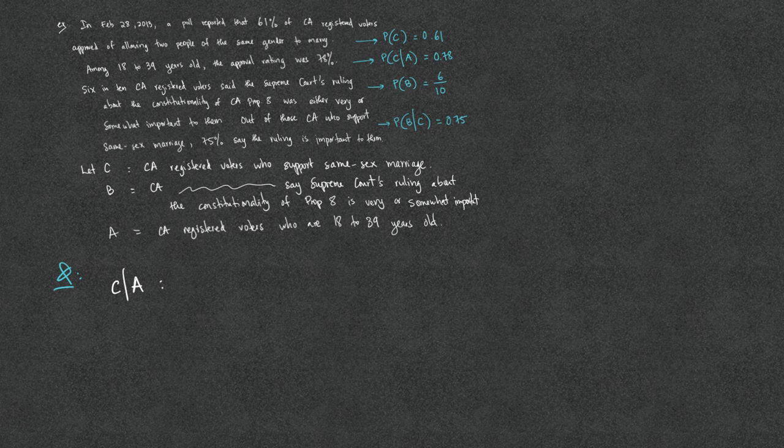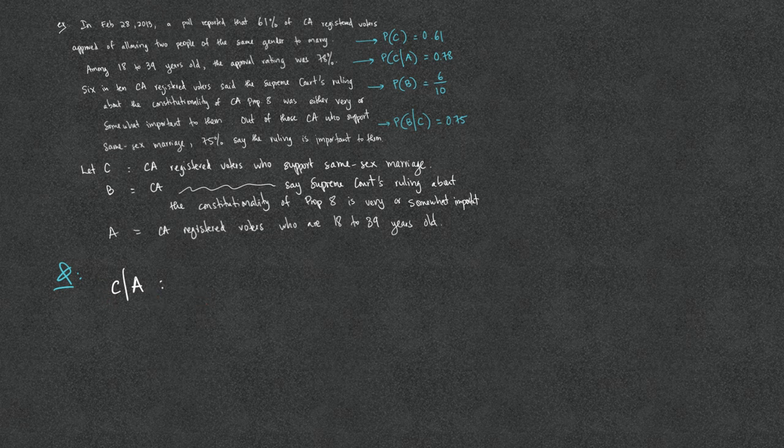And so, what does the event C given A represent? The event after the vertical bar is the condition, the given, out of, or if. This means out of the event A, which is among the 18 to 39 years old, or out of those who are 18 to 39 years old, C represents the one who supports same-sex marriage, or the approval rating.